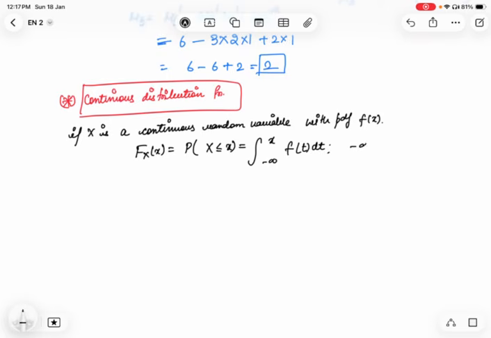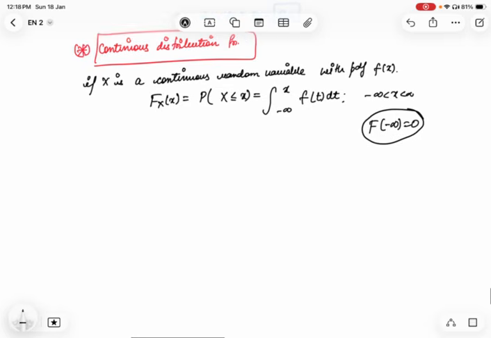Now the question should be, why should I take minus infinity? Because when I taught you the distribution function, I told you the property F of minus infinity is equal to 0. So whenever you put minus infinity, the function is automatically equal to 0.